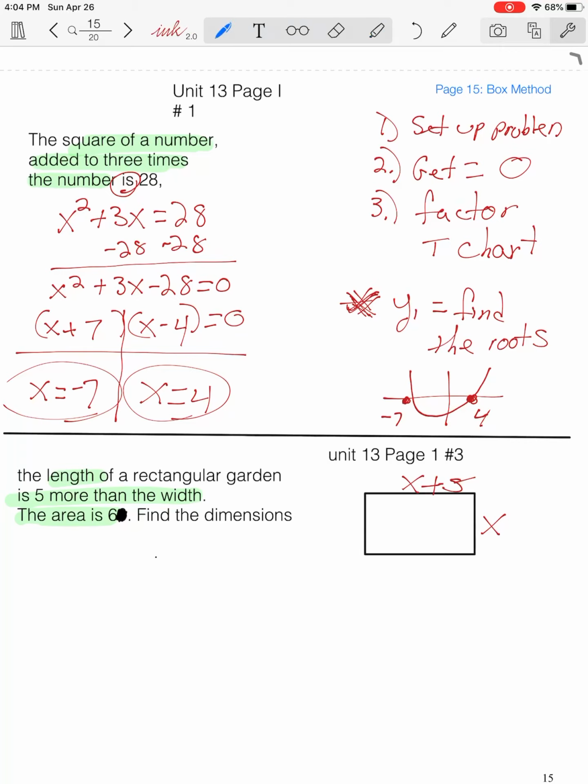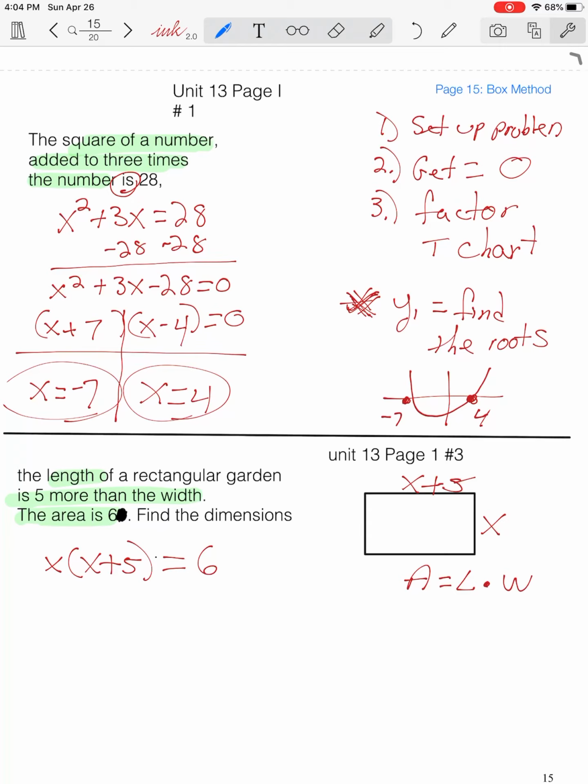If you remember, area, you want me to write that down, is length times width. So now my area is going to be x times x plus 5. And that's going to equal 6.